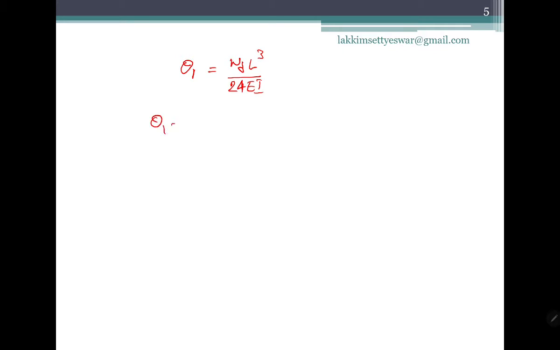Theta 1 represents rotation due to loads. Let's substitute the values. Theta 1 is equal to 0.00472 kilonewton per mm.